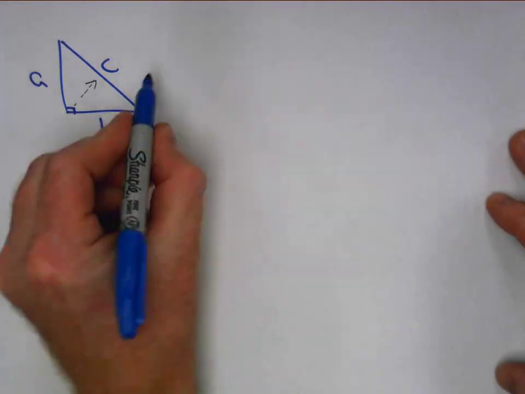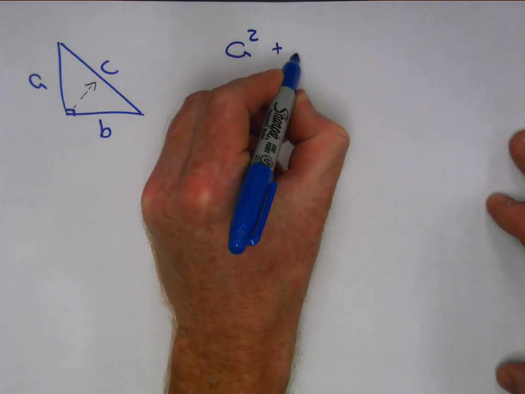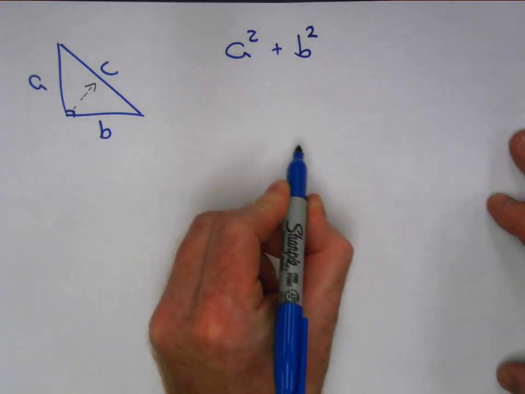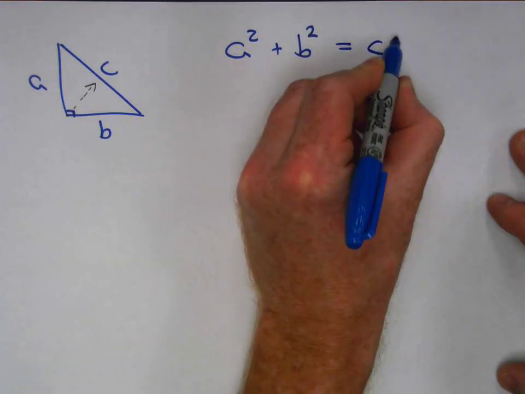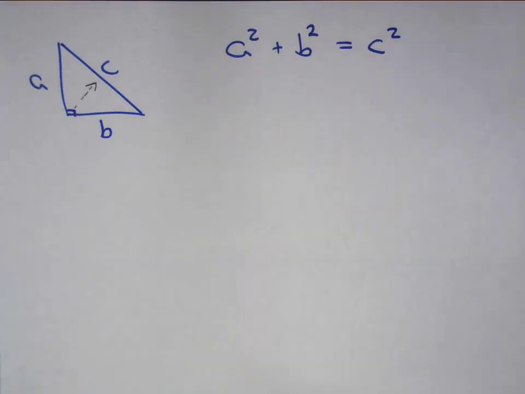And so the Pythagorean theorem says that if you take the square of the two sides A and B and add those two together, then you'll get C squared. It equals the hypotenuse squared.